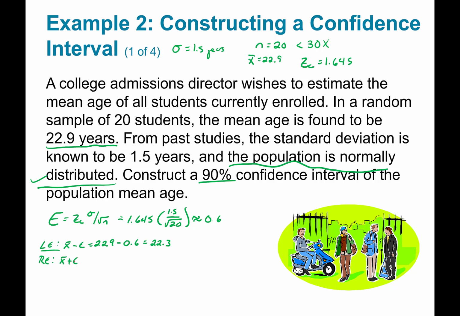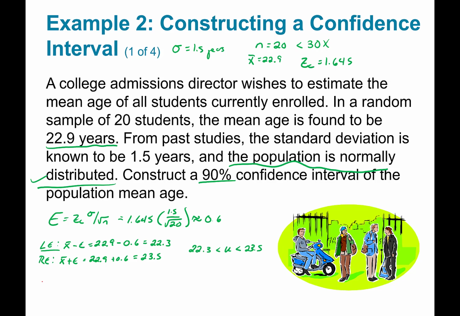X bar plus E. So 22.9 plus 0.6, which gives us 23.5. So we end up with a final interval. So the 90% confidence interval for our population mean is going to be, the population mean is going to be somewhere between, based on this sample, 22.3 and 23.5.